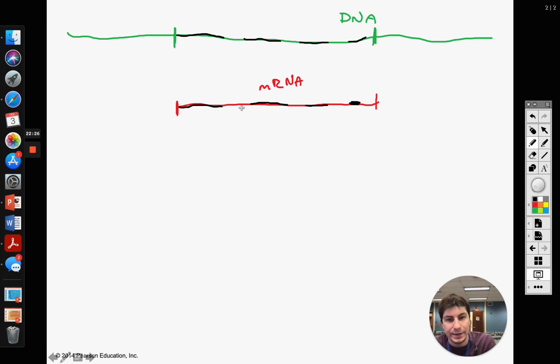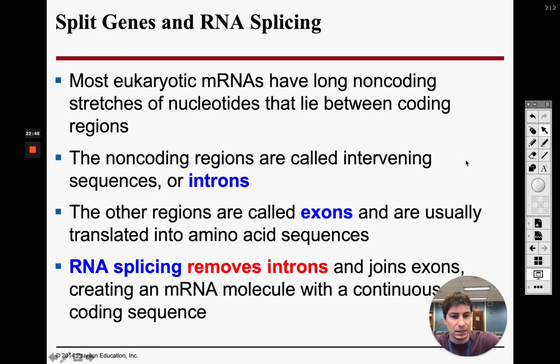These little red areas I have left over, they still got transcribed. They're still going to be in our mRNA. But this area here, this area here, this area here, and this area at the end, we don't need them to make our protein. So we do not want to use the energy to make them into amino acids. So there's a little picture. Hopefully you guys can better see what I'm explaining here.